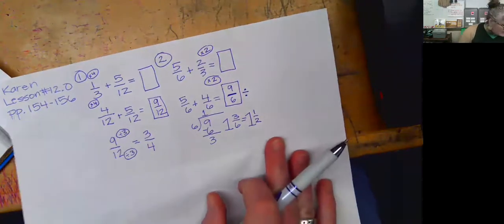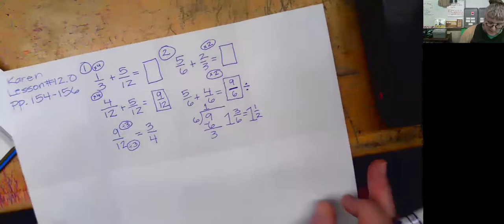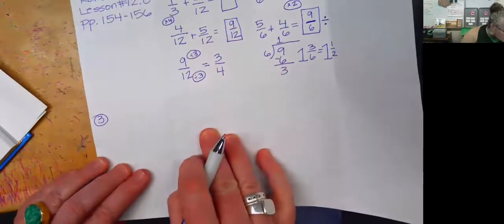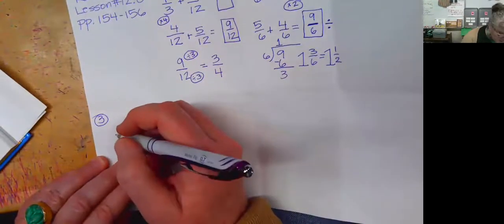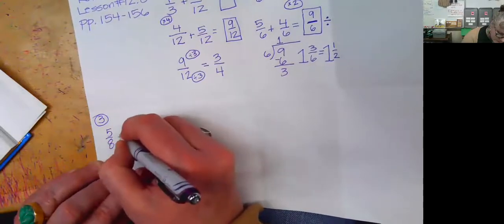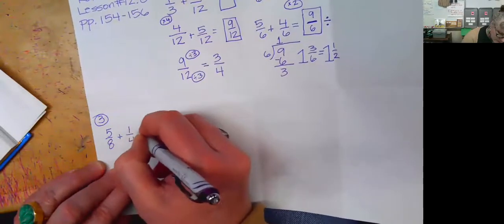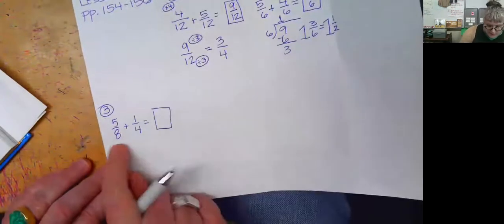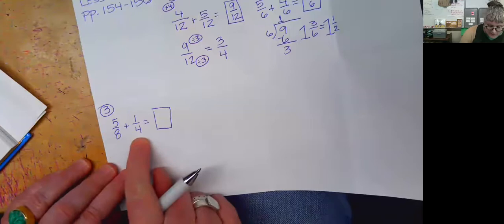All right, let's look at, I'm going to give myself a little room and come down here for number 3. So number 3 is 5/8 plus 1/4. Again, these do not have like denominators, so I'm going to convert this one into eighths.